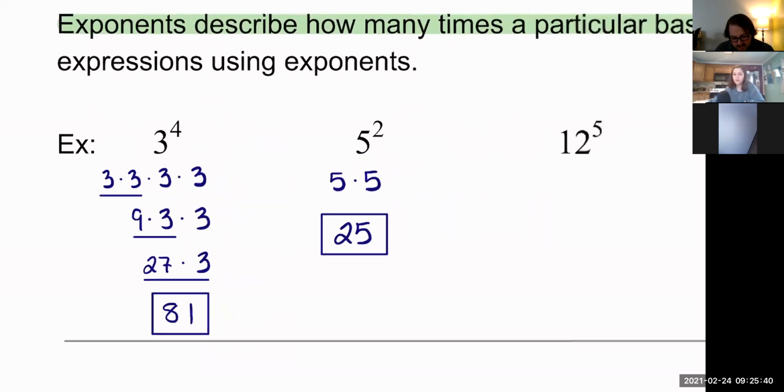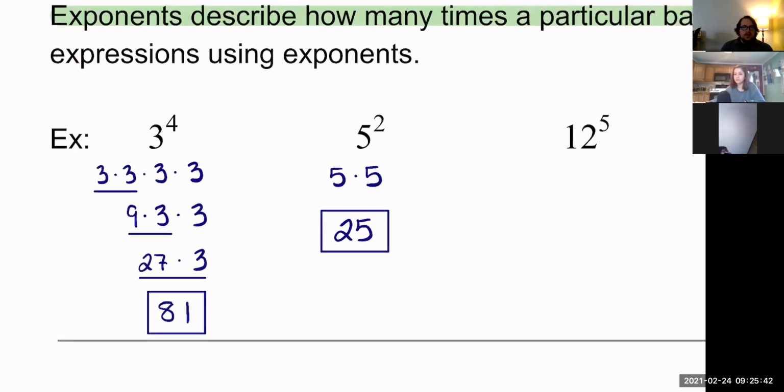Now, imagine if the base or the exponent started to grow on us, which inevitably is going to happen. And we consider our third example here, which is 12 to the power of 5. Well, if I wrote it out, it'd be 12 times 12 times 12 times 12 times 12. Well, already 12 times 12 is 144, and the next multiplication will grow even bigger and bigger and bigger. Writing it out longhand is not always going to be practical.